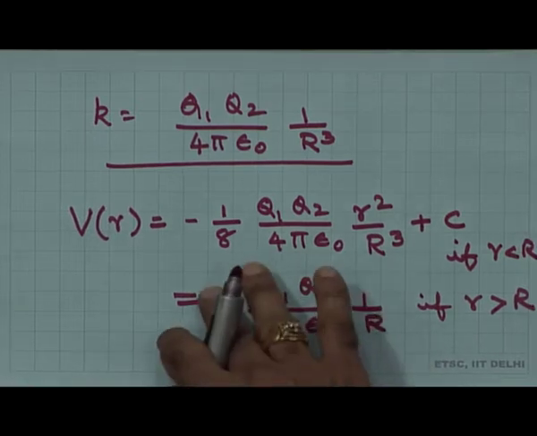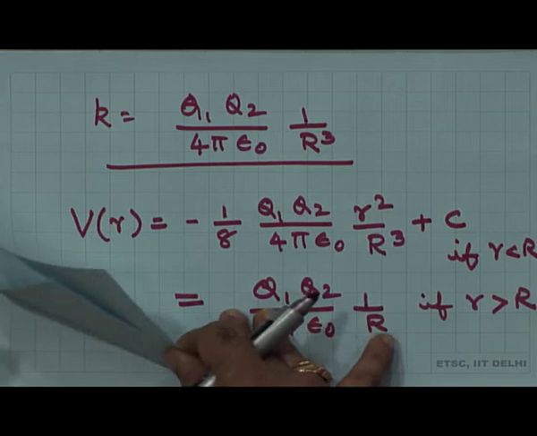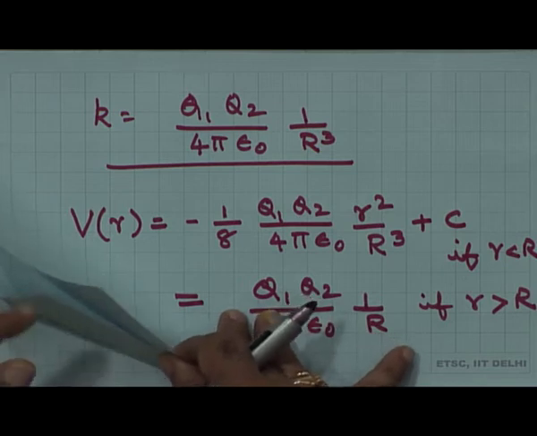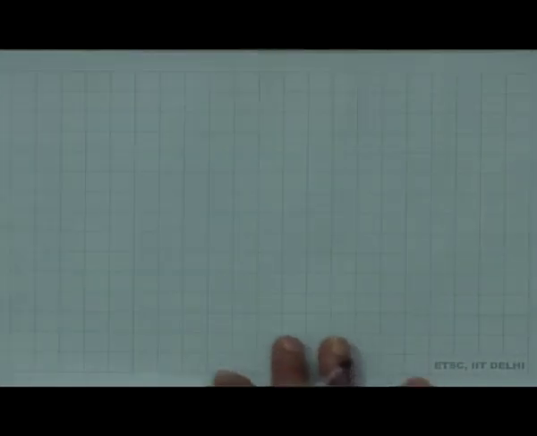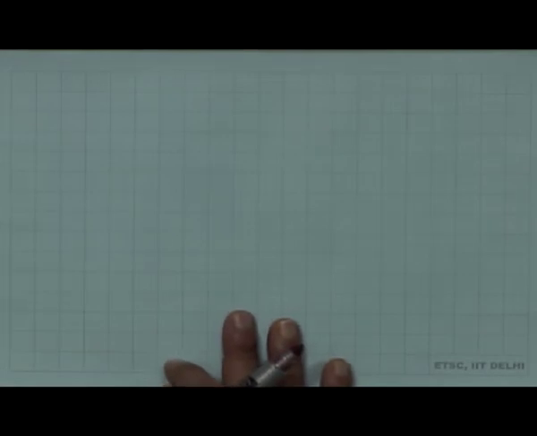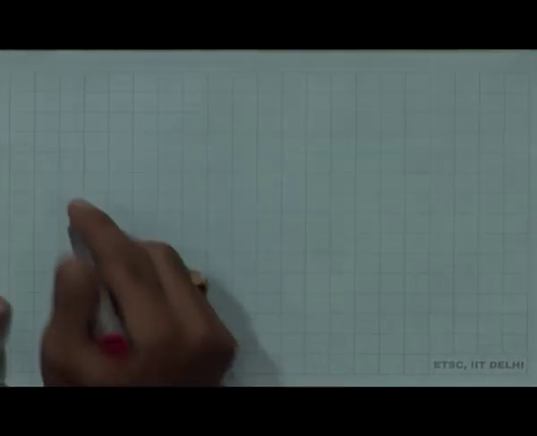The potential is continuous across the boundary. In fact, in this case the field is also continuous across the boundary, unlike the case of point charges or line charges, whatever. So we are going to equate.